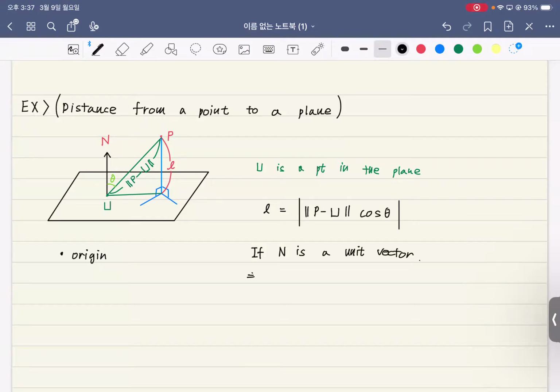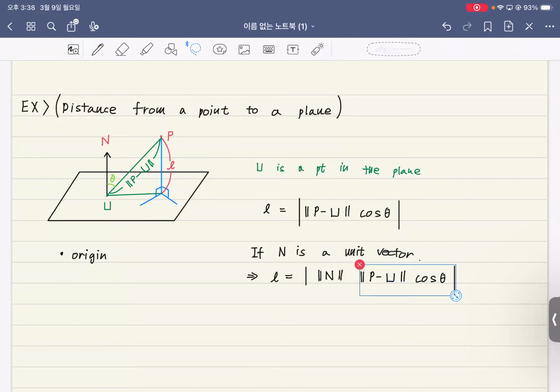Then this L can also be written as the length of n times the length of P minus U times cosine theta, because multiplying by 1 doesn't change anything. The theta over here is the angle between this vector and that vector, and this can be easily described by using the dot product.